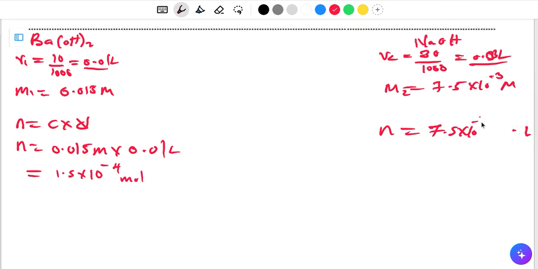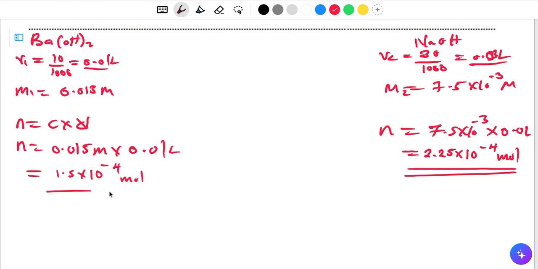And then here we are multiplying this one by 0.03. Here I'm getting 2.25 multiplied by 10 to the power negative 4 moles, not molality but moles. So these are the number of moles of the first one, barium hydroxide, and sodium hydroxide.